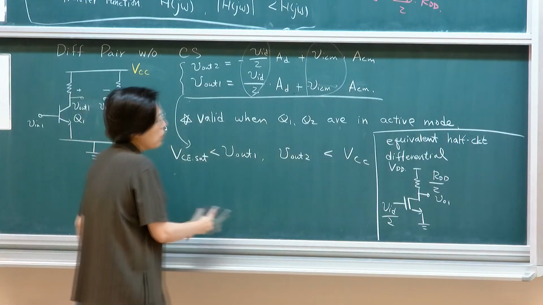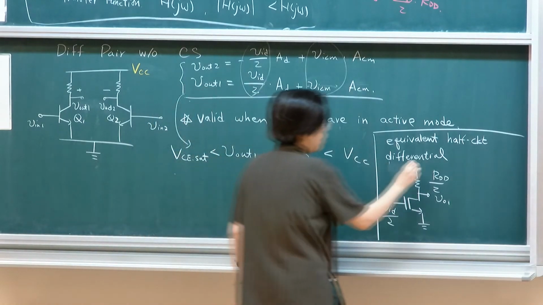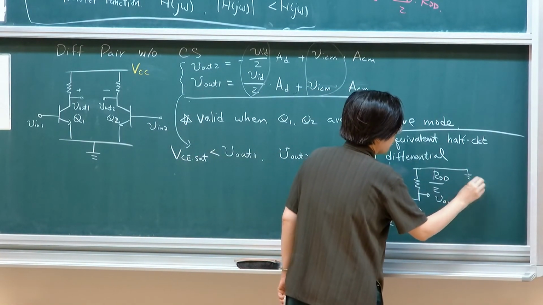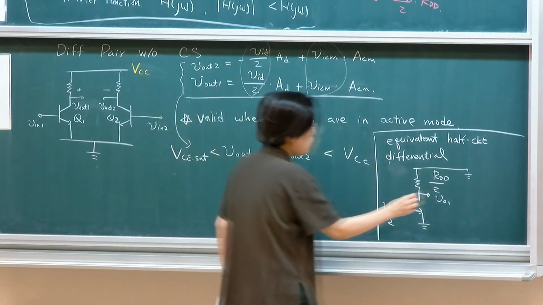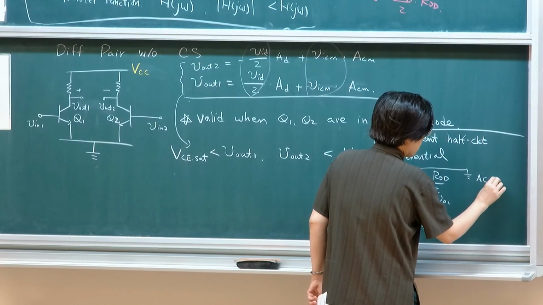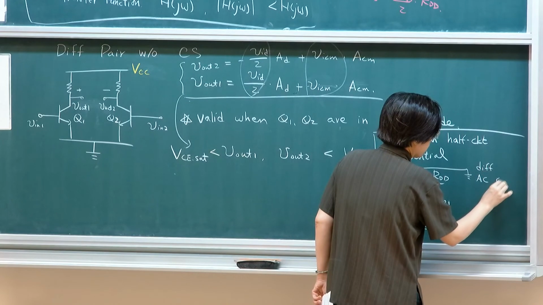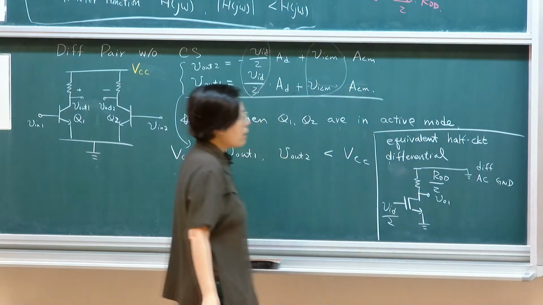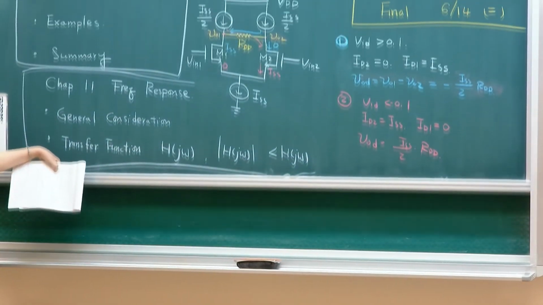The equivalent circuit, if you think about it, this should be virtual ground, AC ground. So this will be your differential AC ground, at the center of the point.